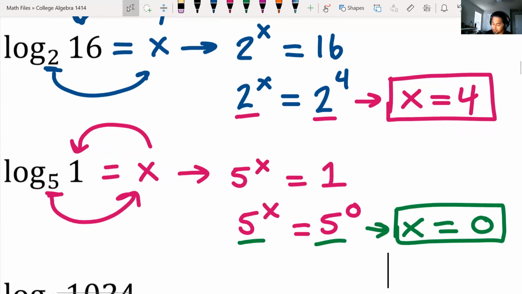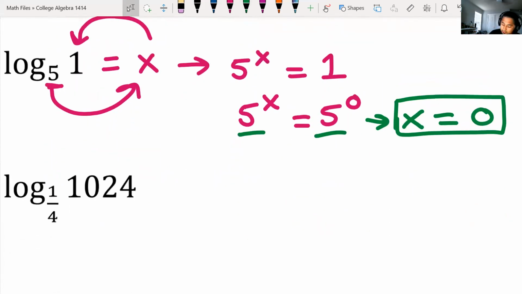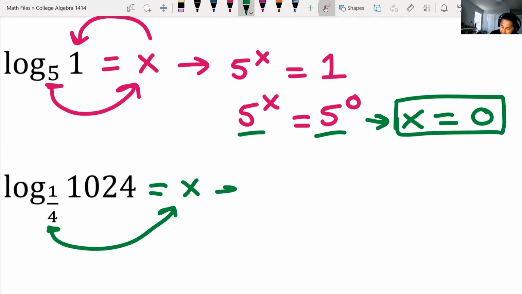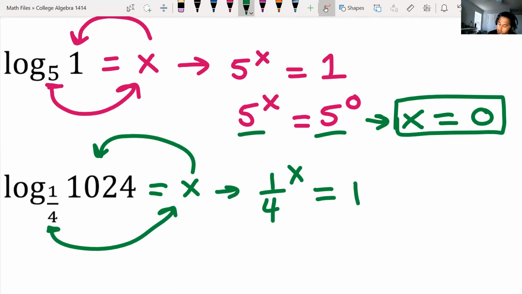All right. Again. So we'll set this equal to x, and I'll say log base 1/4 raised to the x. So 1/4 raised to the x equal to the inside, 1024. Okay, so 1/4 to the x equals 1024.